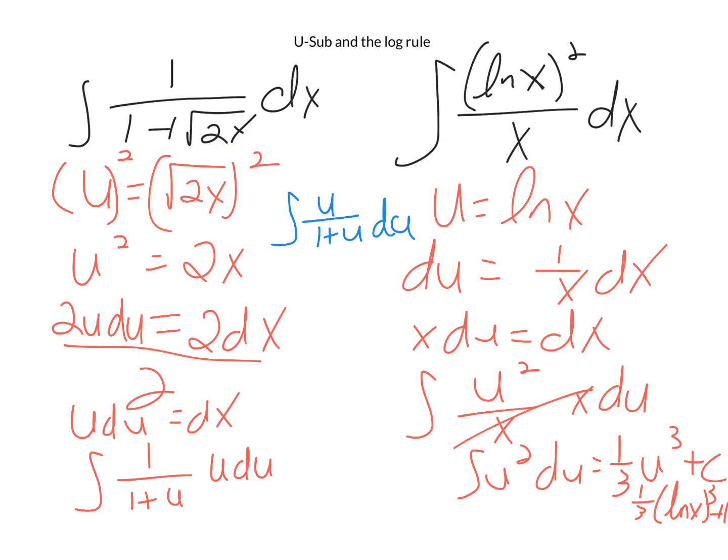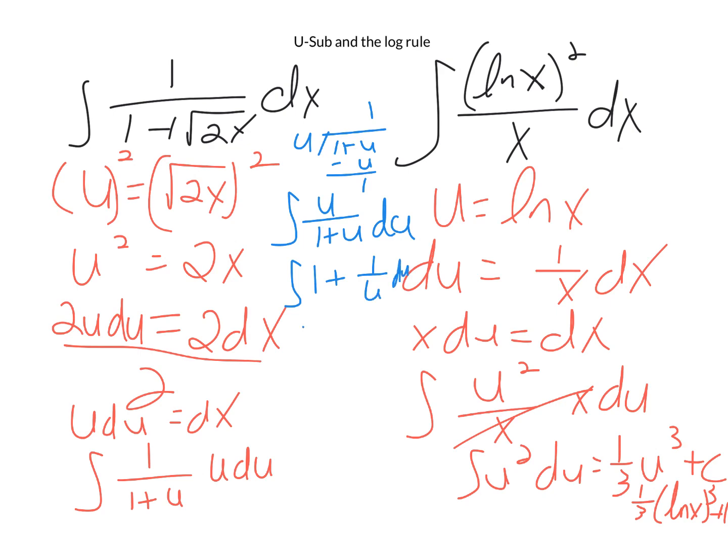And once again, we can do our quick long division here. So if I do 1 plus u, I put it in order, I know that, but if I put 1 up top, u subtract, you're left with 1. So I can change this to 1 plus 1 over u du.